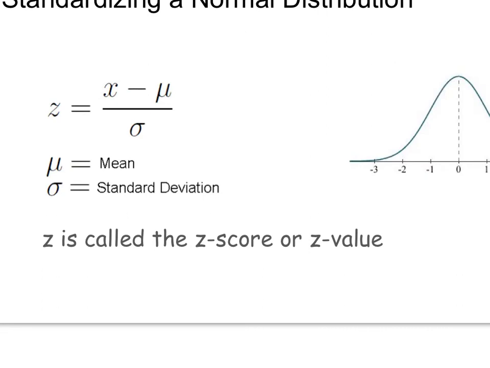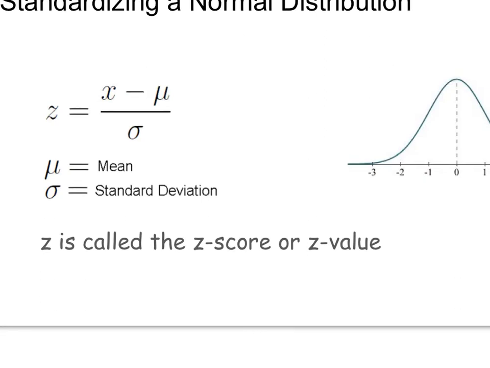As an example, suppose we know that x is equal to a certain weight, 150, and mu is equal to 200, and let's say the standard deviation is equal to 30. So how do we get the z-value of this x value 150?